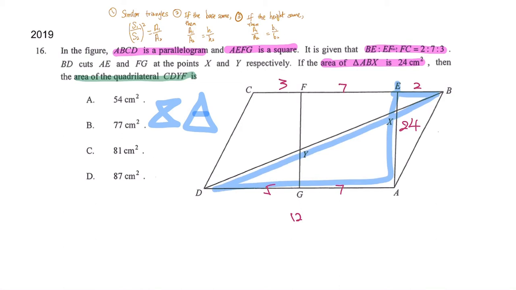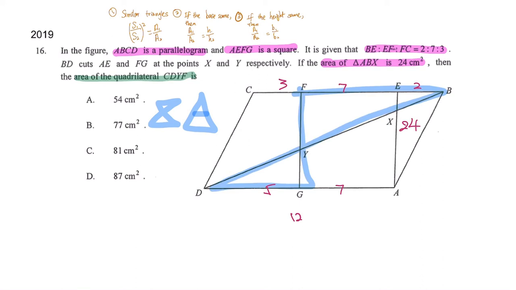Wow, that's a good one. One more actually here. So there are many similar triangles, but first of all let's use this one. That is because we have a 24 area here, so we want to find the things that are near this, so that's easier.